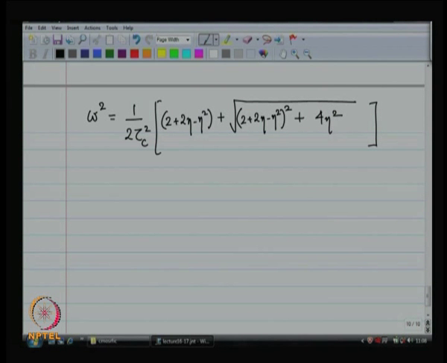This is my net result for omega squared, which means that omega is a further square root of this.